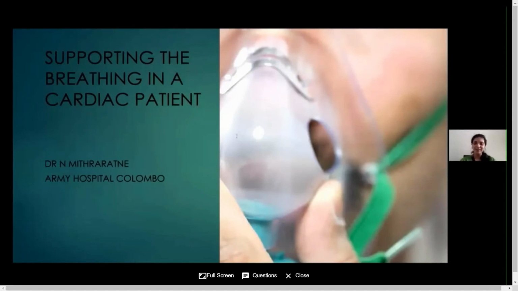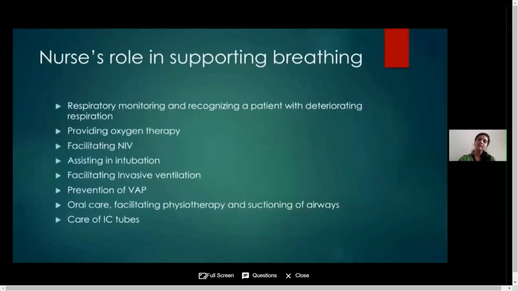Good morning, everyone. Now we will move on to discuss how you could support the breathing of the patient under your care. So what exactly is your role in supporting this patient's breathing? You must monitor and recognize a patient who is deteriorating in his respiratory functions.